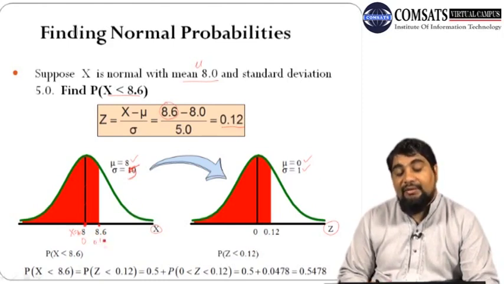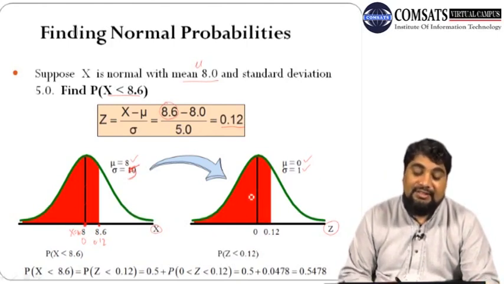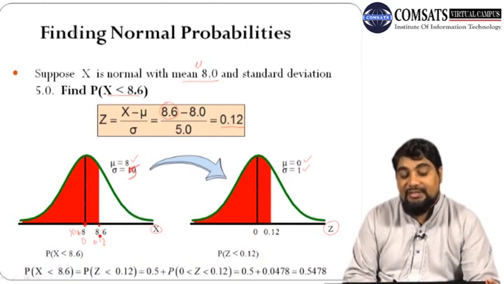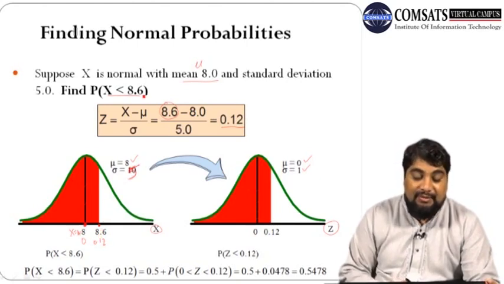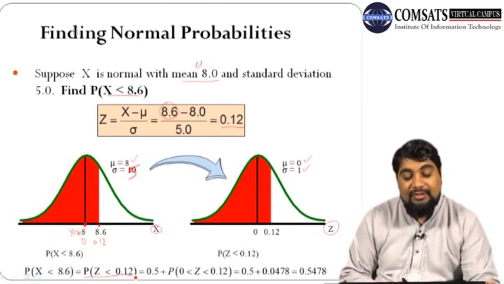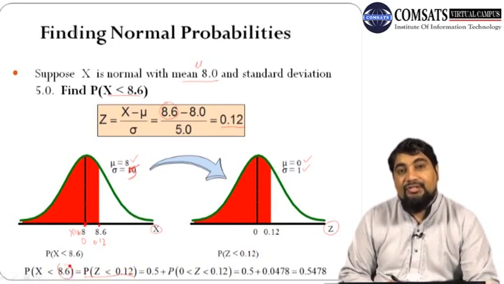We want to find the same area; only the scale has changed. Instead of finding the probability that x is less than 8.6, we now find the probability that z is less than 0.12.